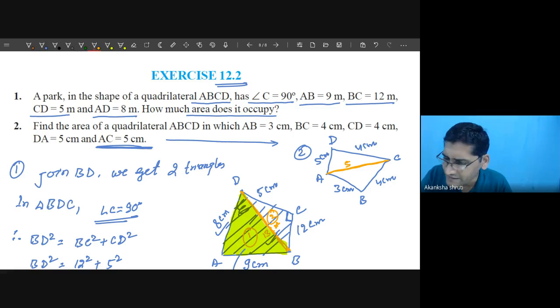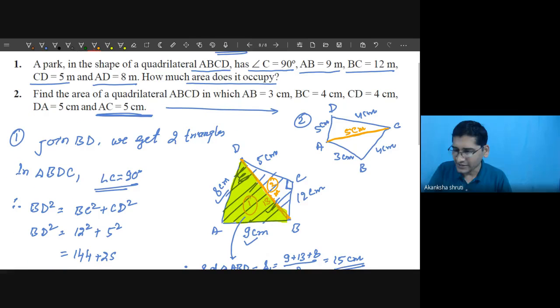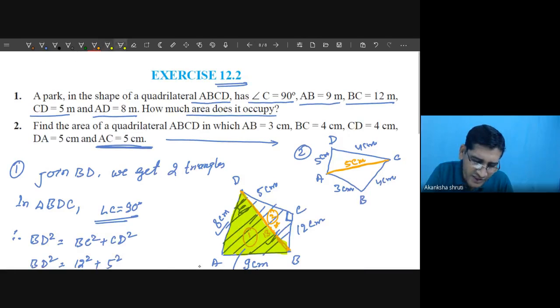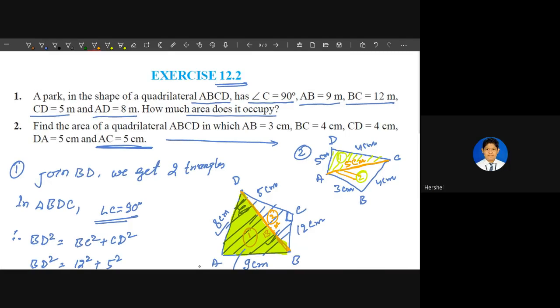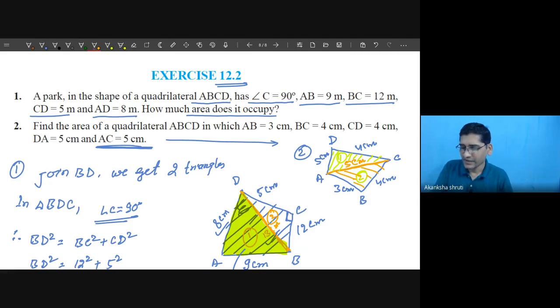So no need to calculate AC as we had calculated by applying the Pythagoras theorem. Here you have to just add the 2 areas, the first area and second area. Are you okay? So this way you will get the required result. Same. Okay, student?